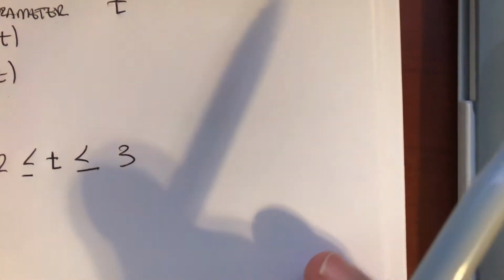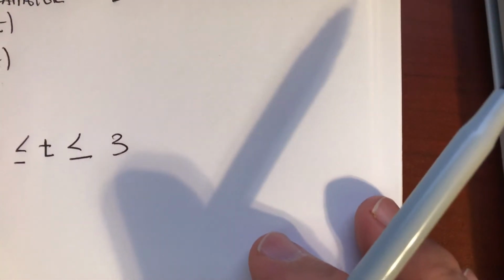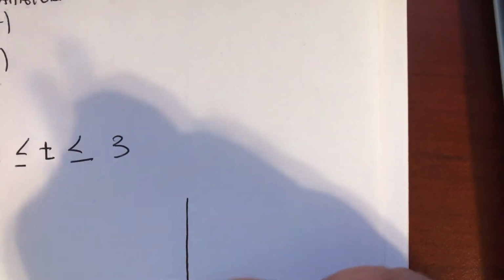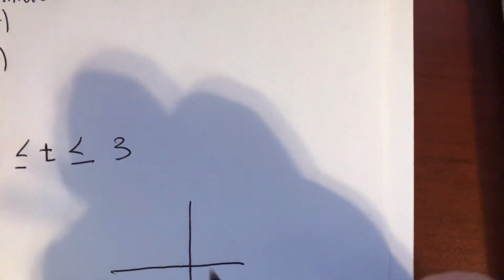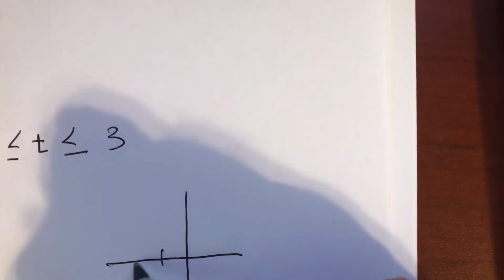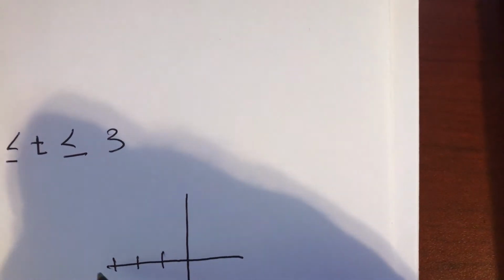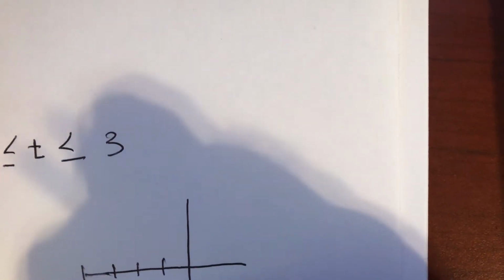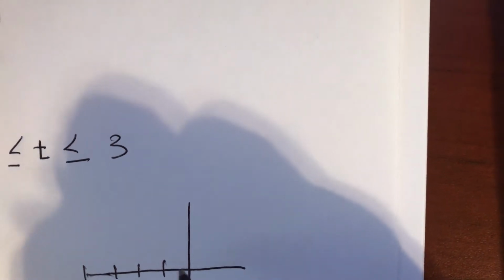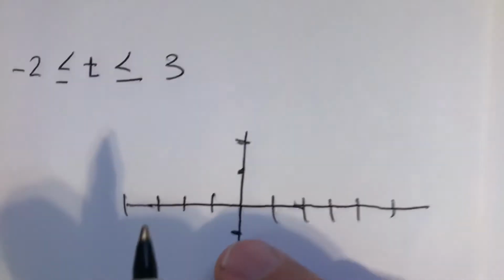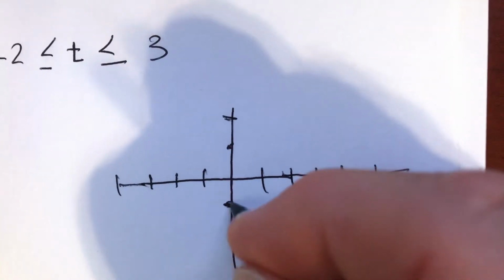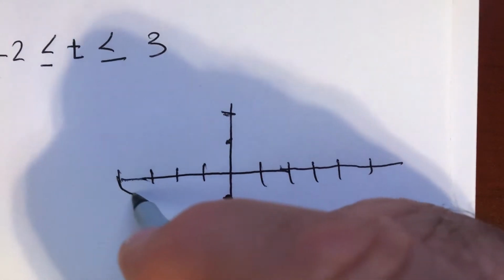Now typically when you graph these by hand, if you were asked to graph this by hand on a test or in a college class, one thing that's important is this. Make sure you include your endpoints.